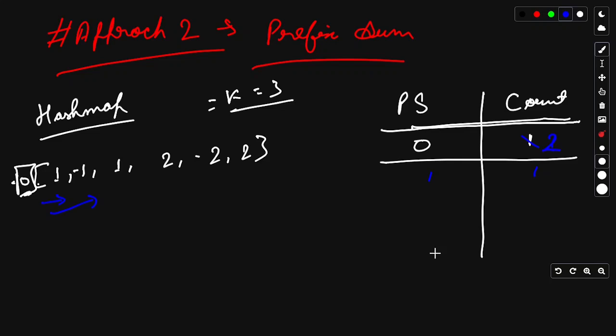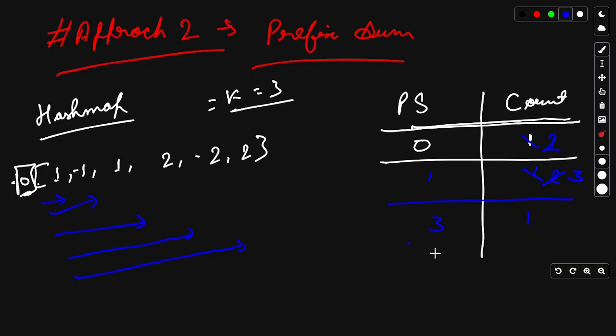And then when we move forward, we go towards 1, and we will have a count of 2 for this, okay? And then when we take 2 into the summation, we will have 3 with count 1. Then we subtract 2, which comes out so that the count of 1 will be 3, okay?